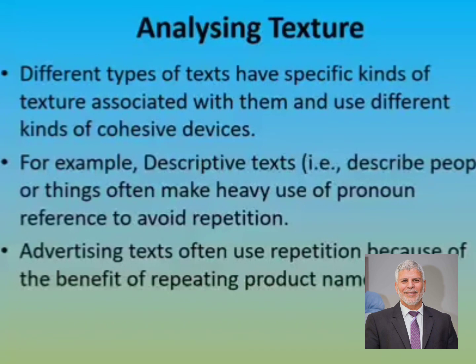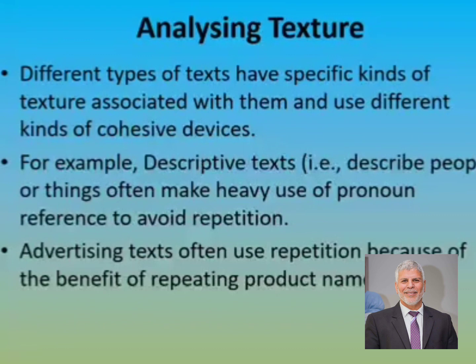In advertising texts, they often use repetition because of the benefit of repeating product names. So for whatever feature we have in any text, we have a reason for that. So in advertising texts, we repeat what?